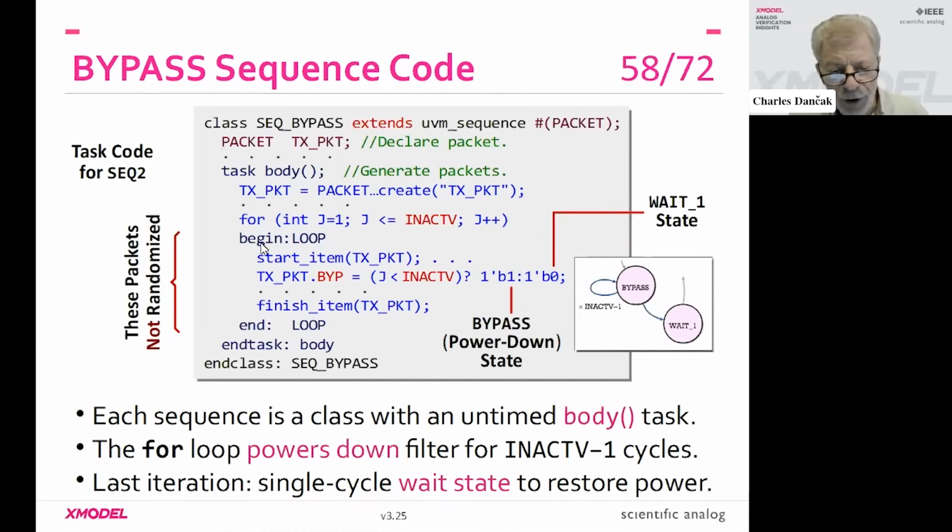So about all we do in this loop, which has a length of inactive, is that, let's say inactive is 4, for 3 cycles, we stay in this power down bypass state, and then we automatically transition to this single wait cycle where we're restoring the VDD and the VBN bias voltages, and then we automatically transition onto the resume state.